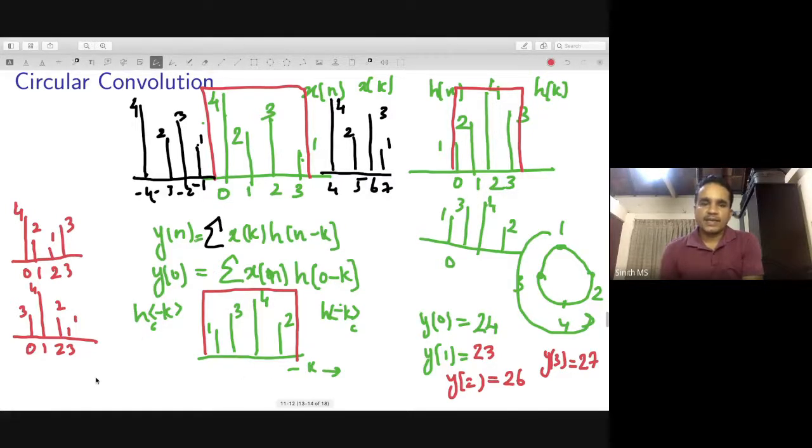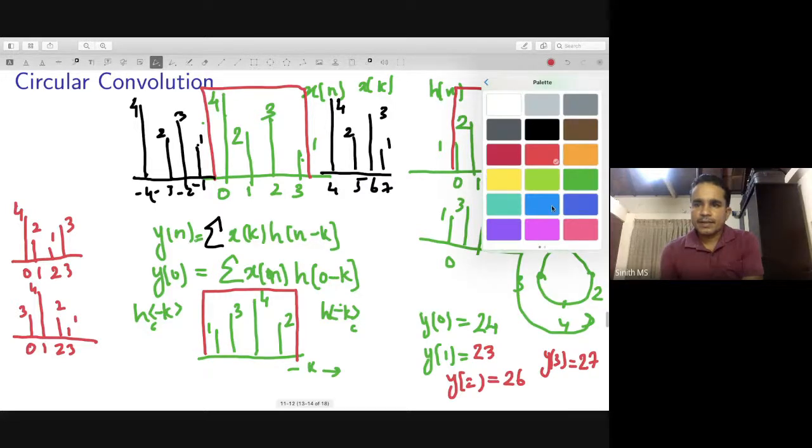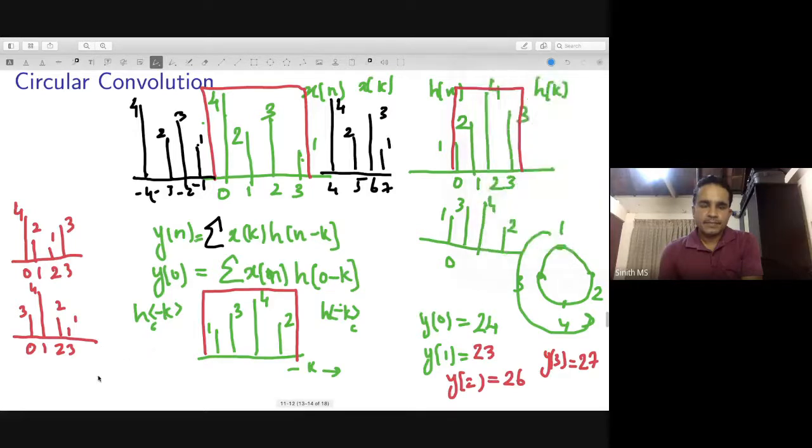What you get as y of n is this signal: 24, 23, 26 and 27, at 0, 1, 2, 3.